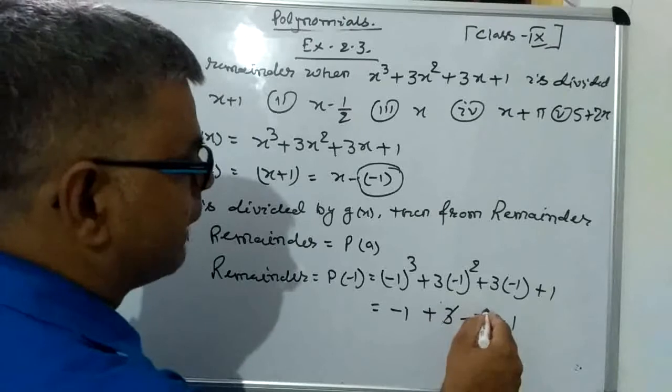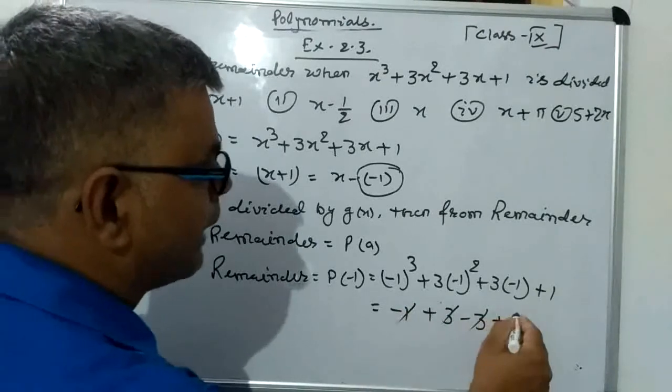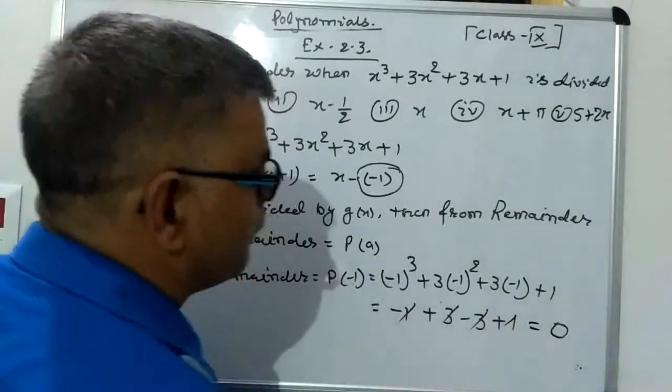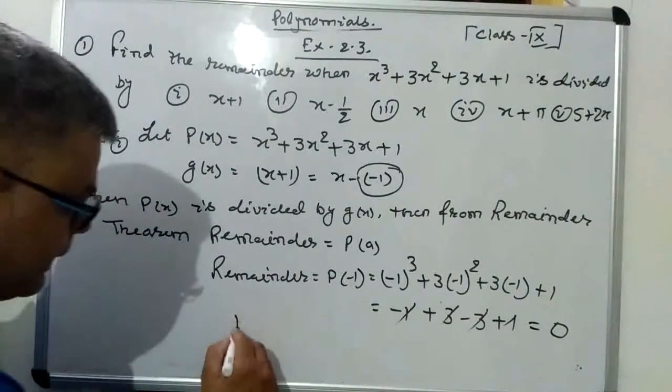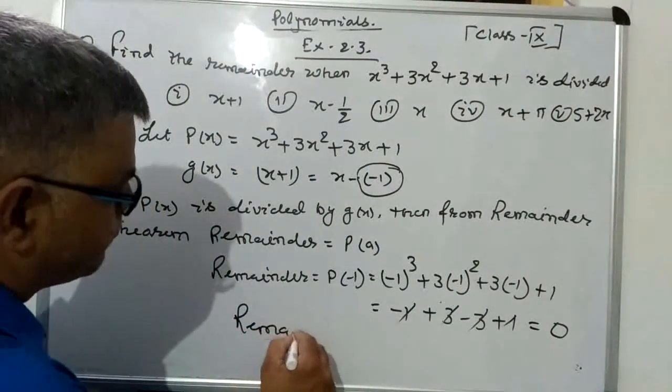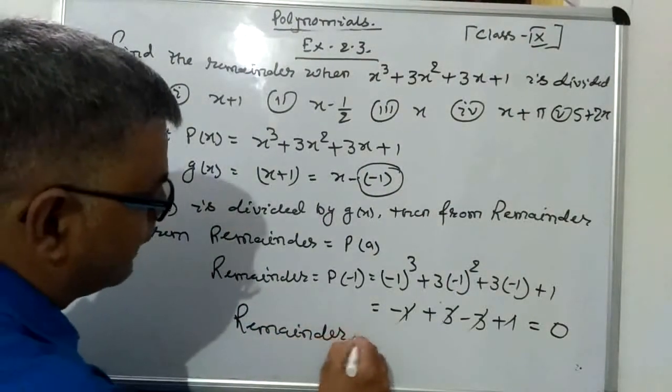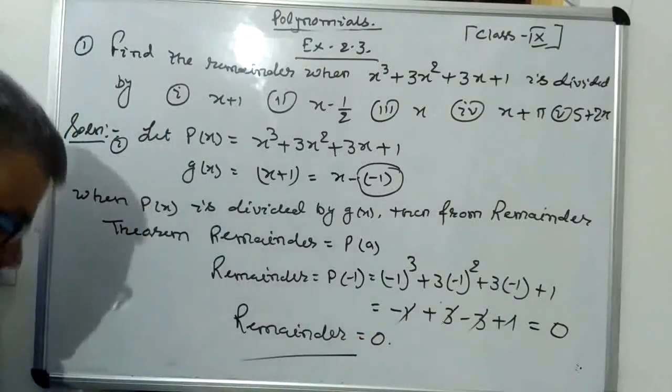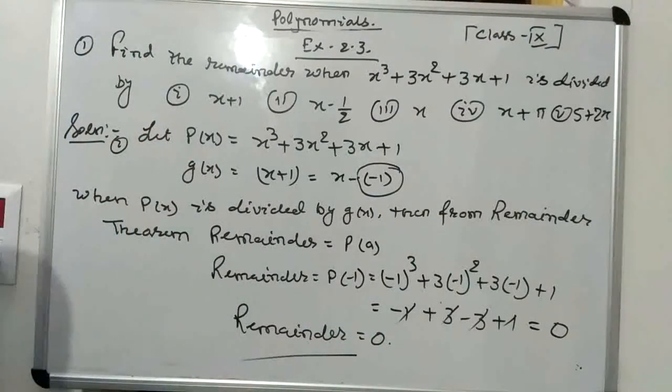It means plus 3 minus 3 will get cancelled, plus 1 minus 1 will get cancelled. So it will be 0. It means its remainder becomes 0. In this way, you can solve the question by using the remainder theorem. So this is the method by which you have to solve.